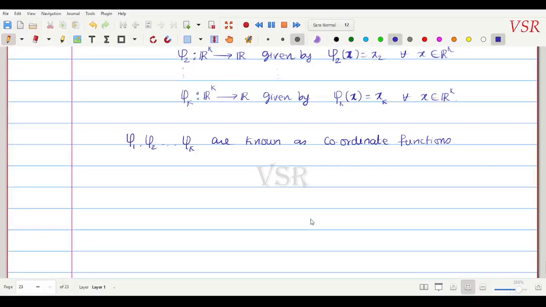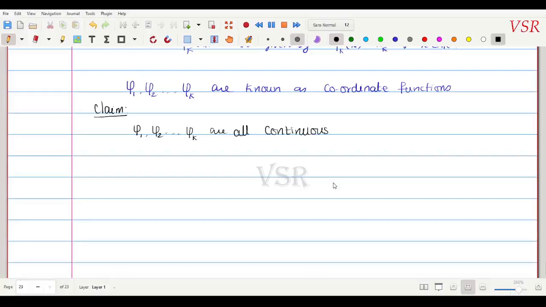Okay, claim. This phi 1, phi 2, phi k are all continuous. இதுதான் ப்ரூஃப் பண்ண போறேன். இது எப்படி சார் சொல்றது அப்படின்னா ரொம்ப சிம்பிள். என்னன்னா you just take 2 points.